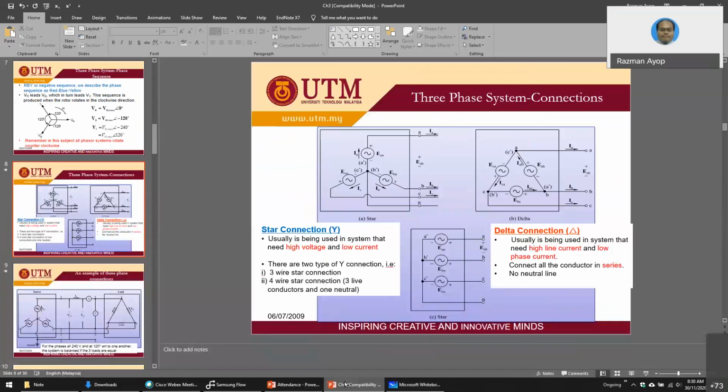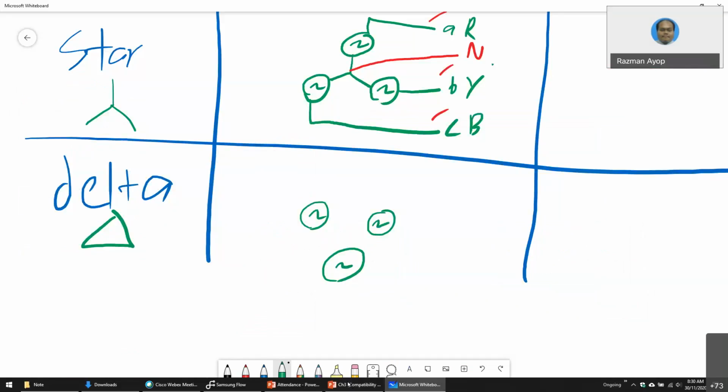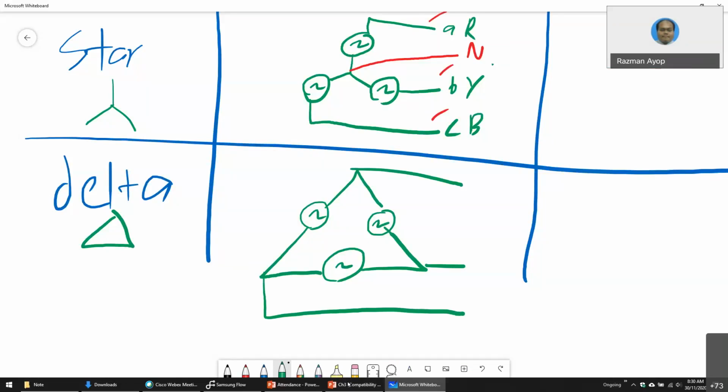Then you draw the triangle like this. This one is A, this one is B, this one is C, or R, Y, B. Don't use both. That is how to draw delta connection.